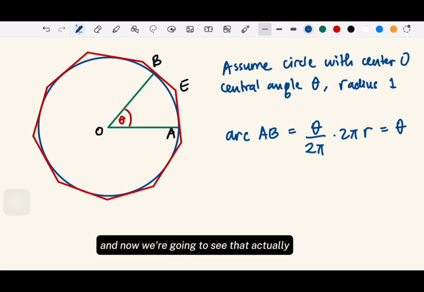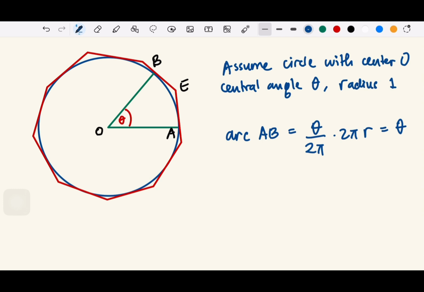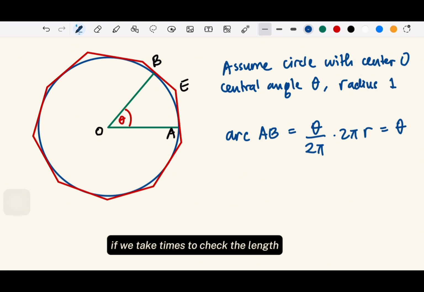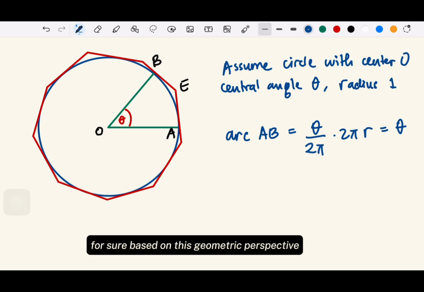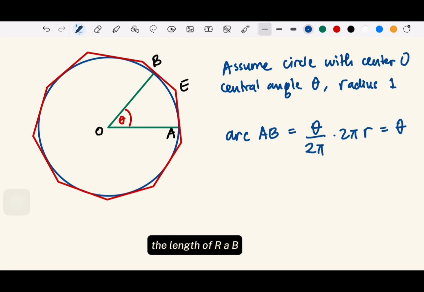And now we are going to see that actually, if we take times to check the length, for sure, based on this geometric perspective, the length of arc AB is less than AE plus EB.